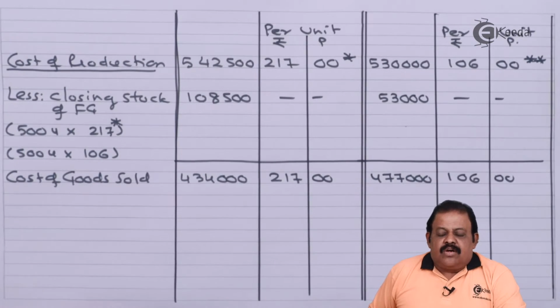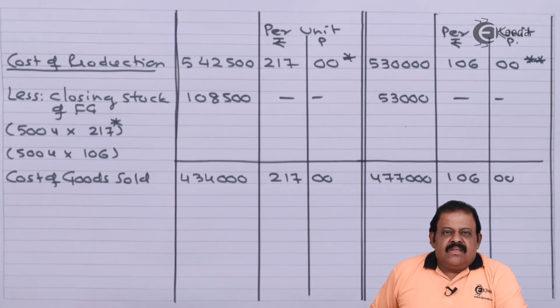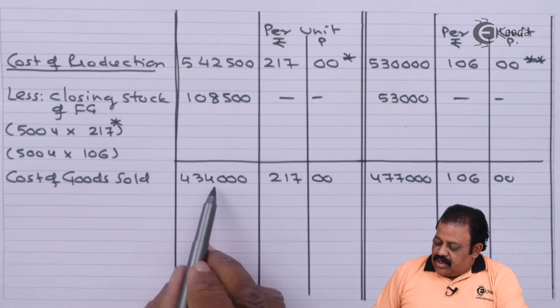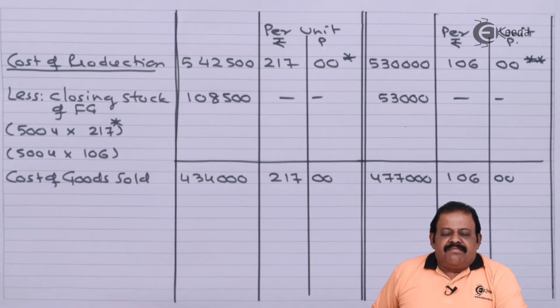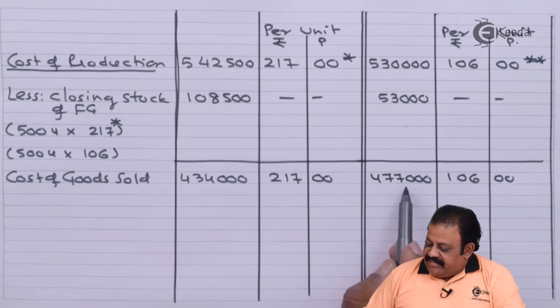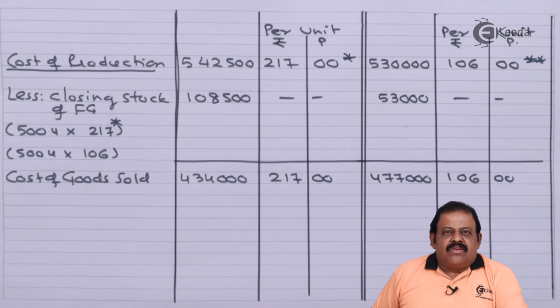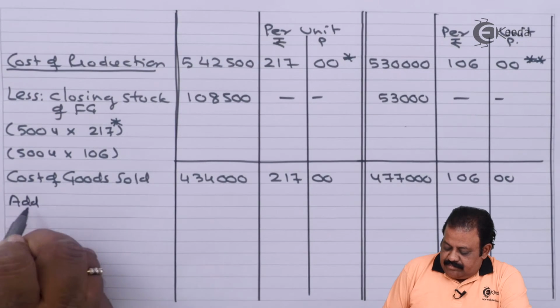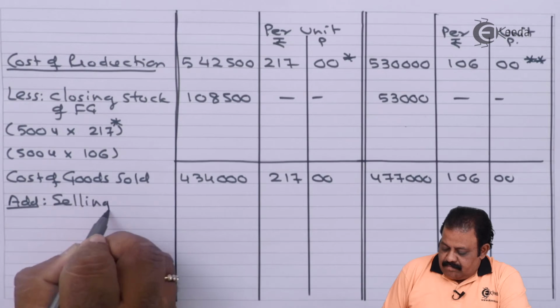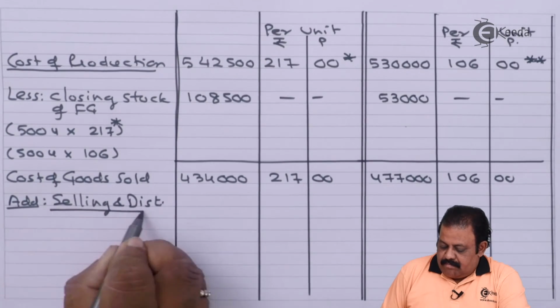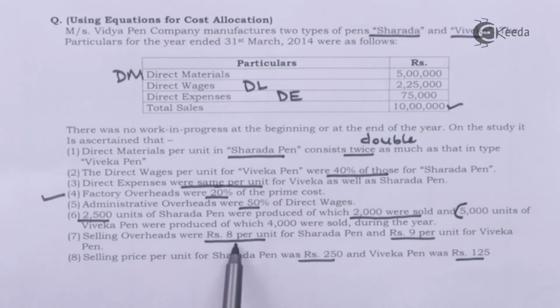So we got cost of goods sold in case of Sharada pen 4,34,000. In case of Viveka pen 4,77,000. To this we'll be adding selling and distribution overheads. Selling overheads rupees 8 per unit for Sharada pen and rupees 9 per unit for Viveka pen.